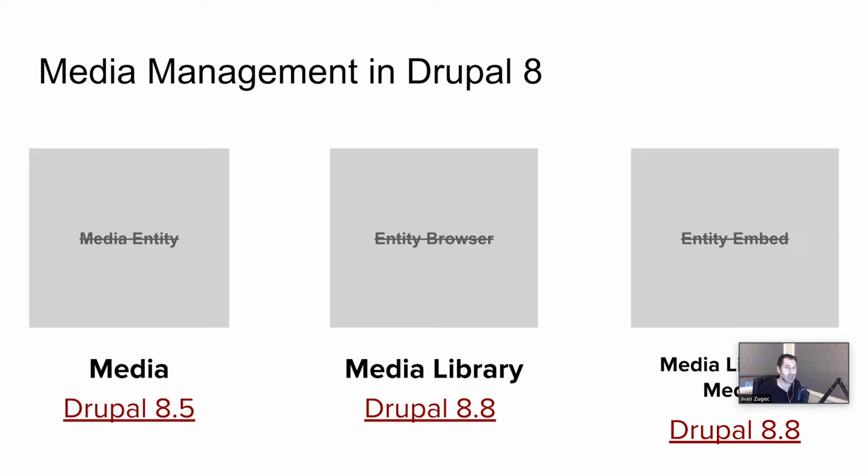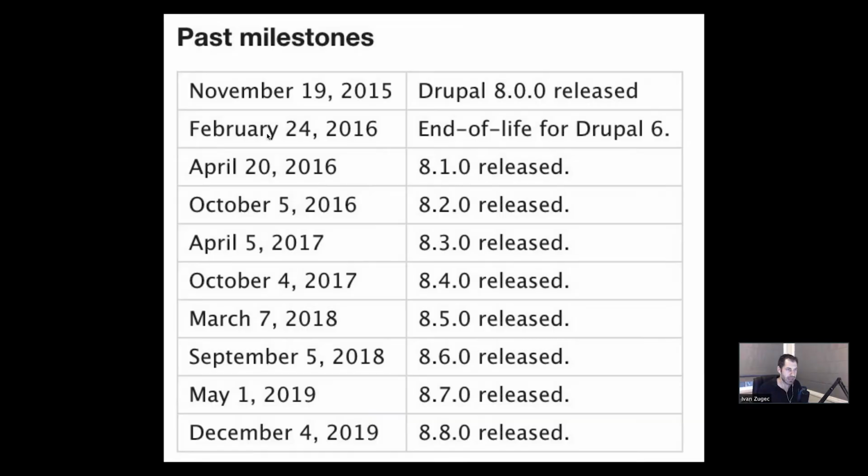Okay? So the last thing I'll do is I just want to talk about the Drupal 8 release cycle, because the reason why Drupal 8 is able to ship all this functionality is because a new version of Drupal 8 is released every 6 months, which is amazing.